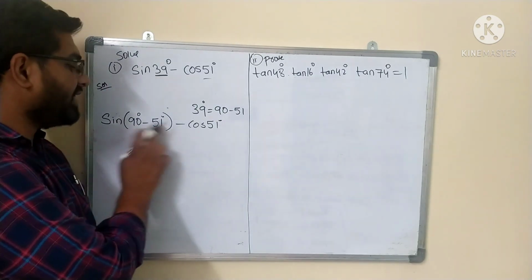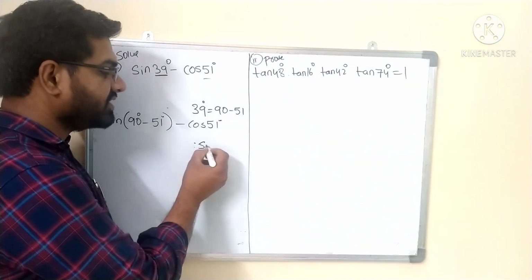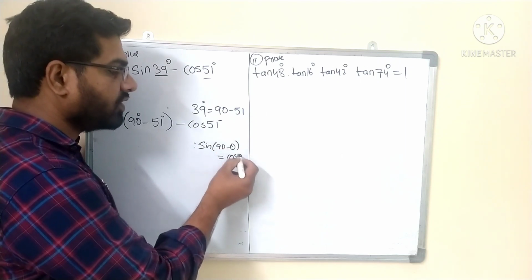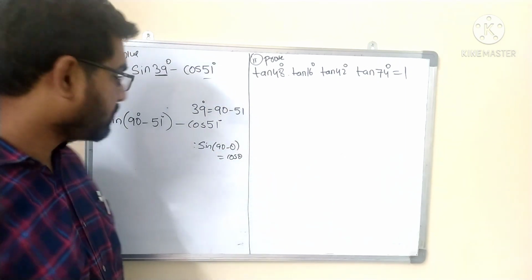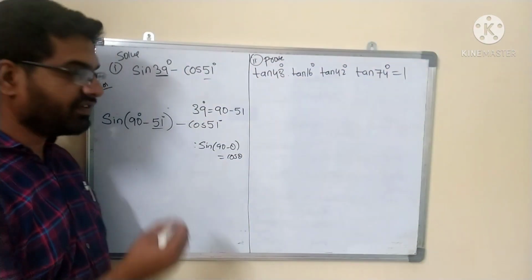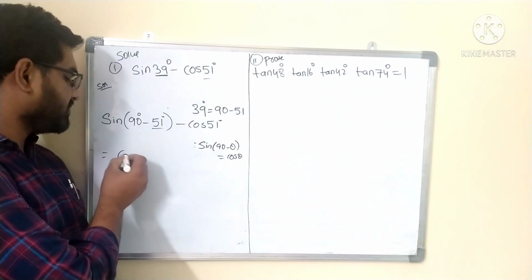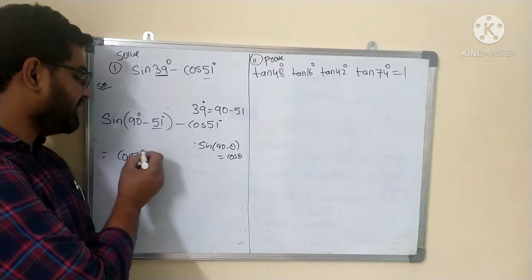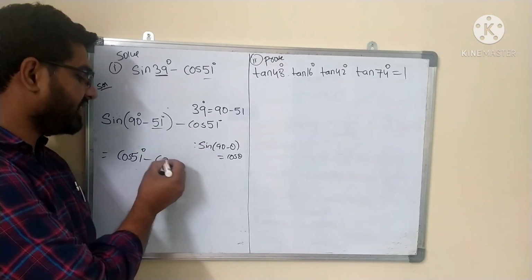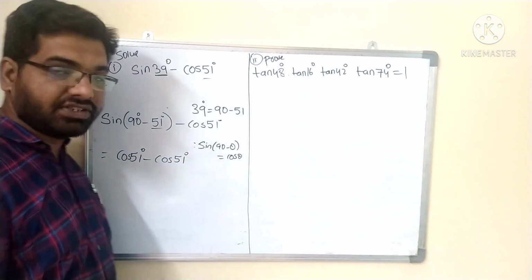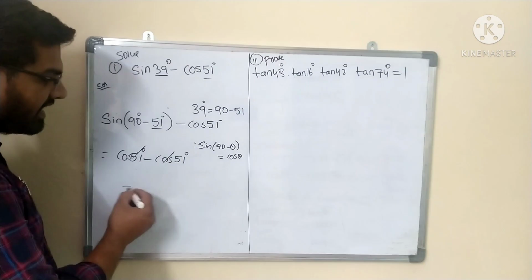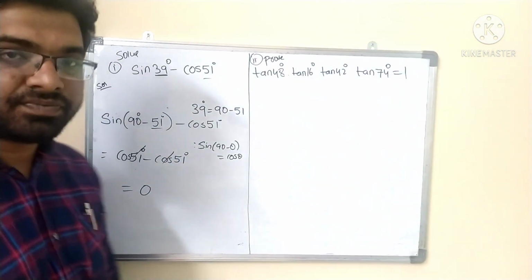Now sine of 90 minus theta, the formula becomes cos theta. What is theta here? 51. So that is cos 51 degrees minus the already present cos 51 degrees. Now both are the same and the minus sign cancels, the answer is 0.